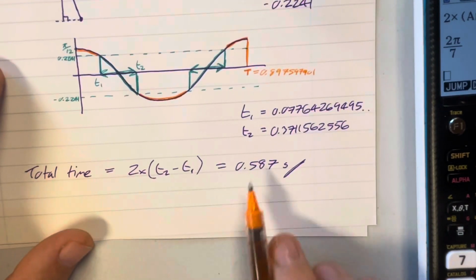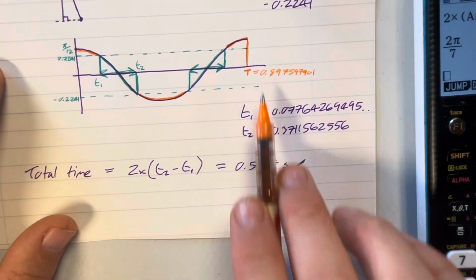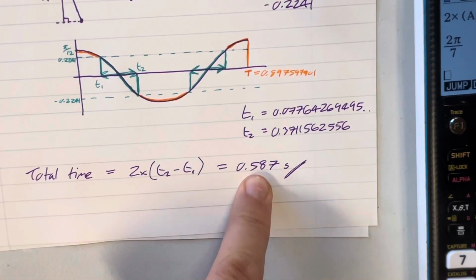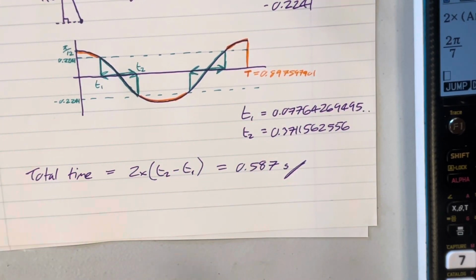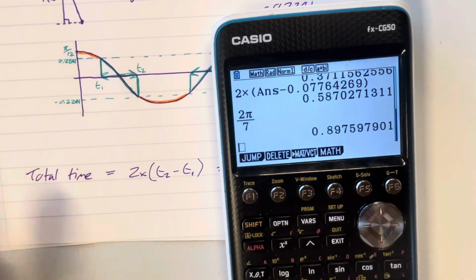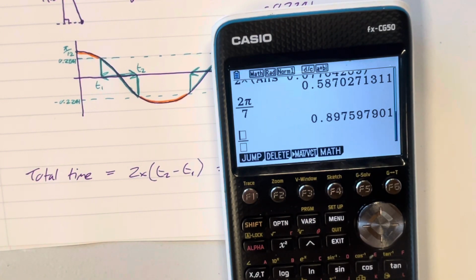Okay, so we want to find what this number is as a percentage of this number here. What is the percentage time that it is below 19.5 centimeters below the ceiling? So take this number here, divide by that number there, and times by 100.